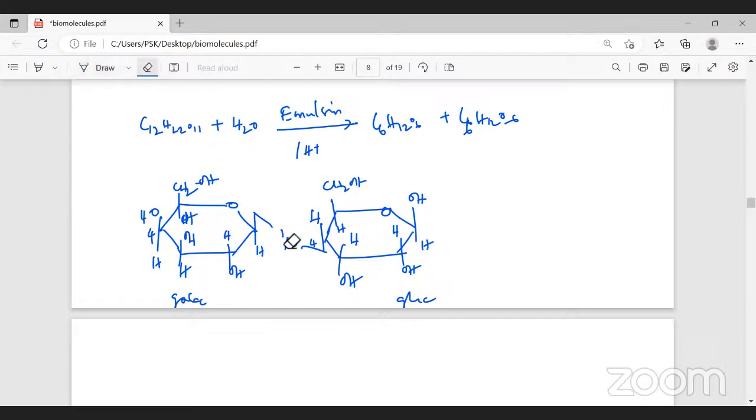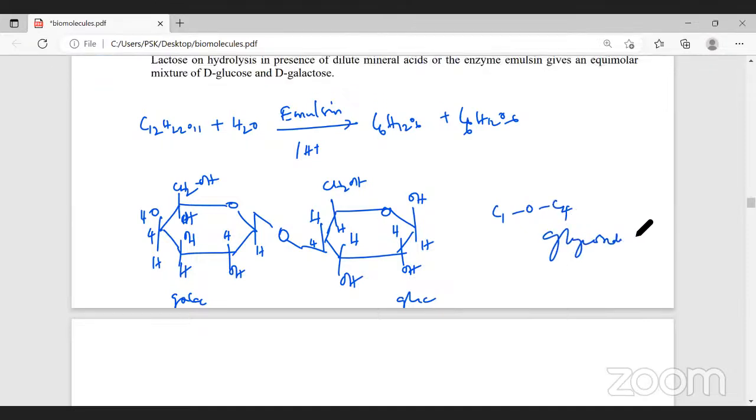When water gets eliminated, the first carbon atom of galactose and the fourth carbon atom of glucose are bonded to oxygen. So this is C1OC4, again a glycosidic linkage, but this is between galactose and glucose.